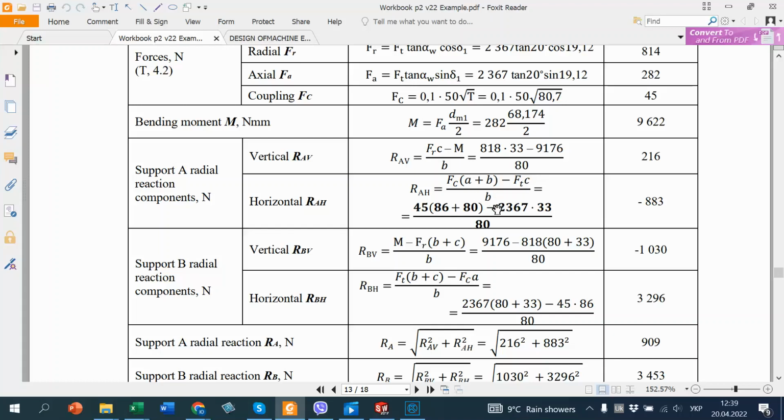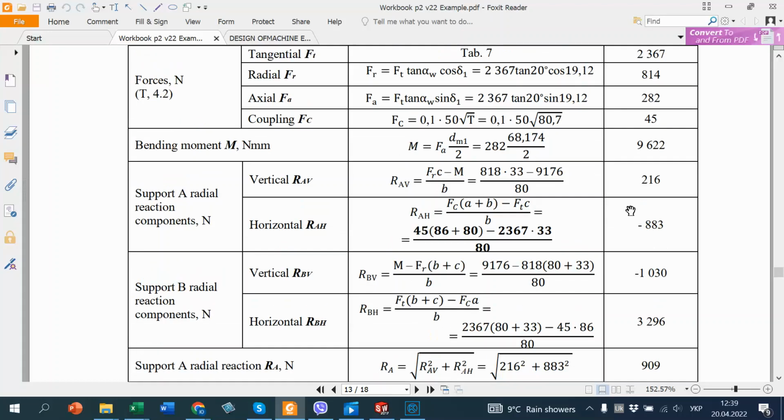Pay attention that some reactions may be negative. Negative means that this reaction is directed in a direction opposite to the one selected previously.